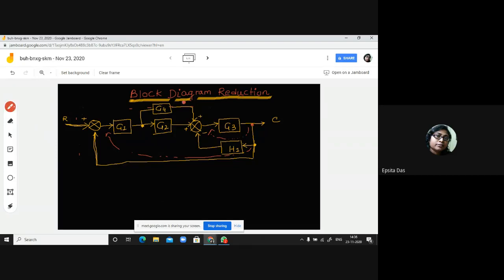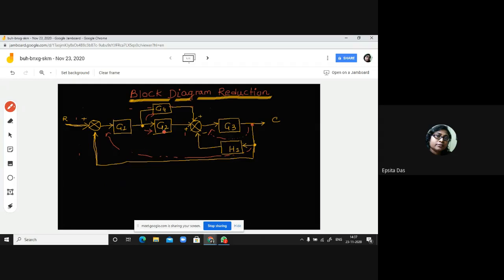I see that G4 and G2 are in parallel because the signal is flowing here and here. If two blocks are in parallel added to a summer, we can just sum the two transfer functions. So instead of G4 and G2, we can write this block G2 plus G4.